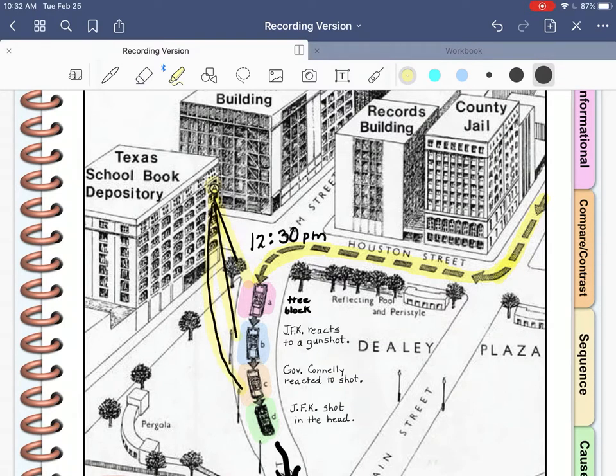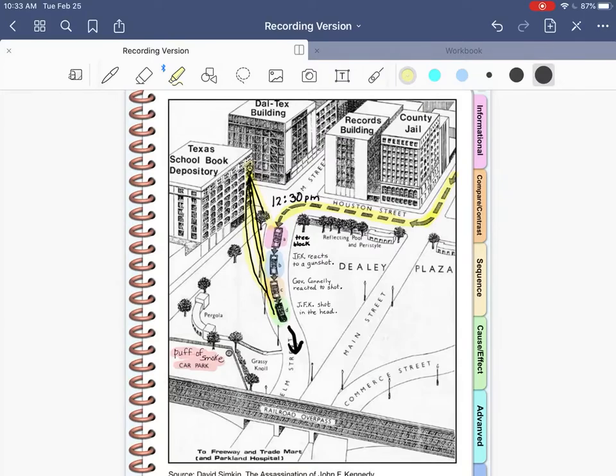He did not die, by the way. And then finally, Oswald has a clear shot to the president right there. And that is the fatal shot. He was able to get a clear aim at the president, and he was able to hit him.